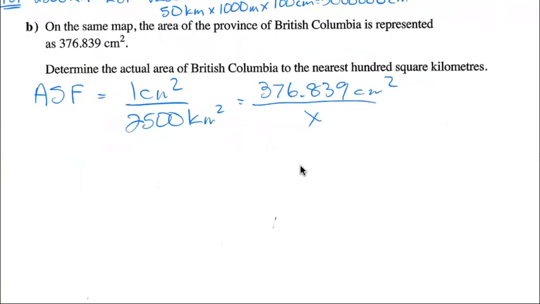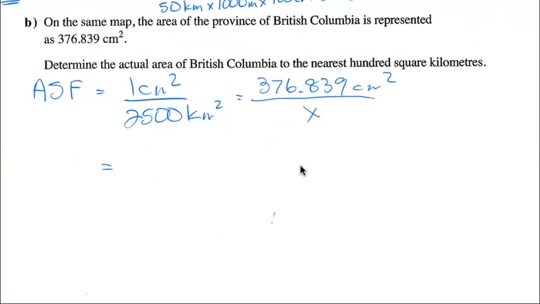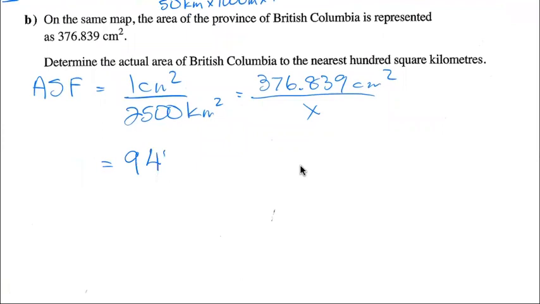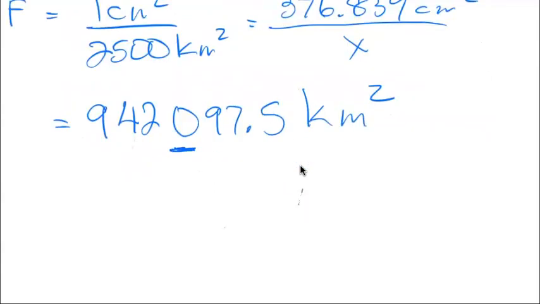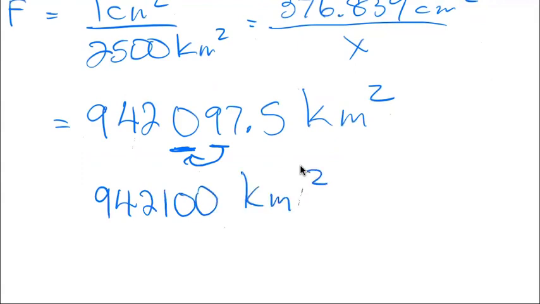Do my cross multiply divide, works out to 942,097.5 kilometers squared, approximately. And it says round to the nearest 100. Nearest 100, that's this place. This 9 is going to make that 0, 1, 942,100 kilometers squared.